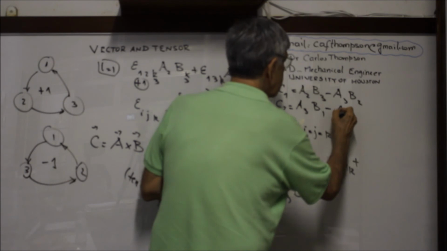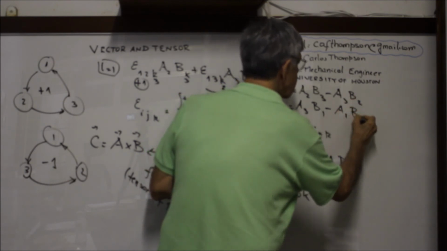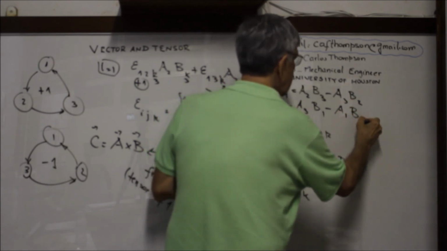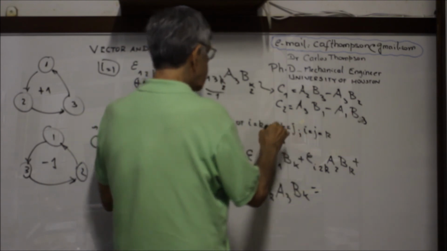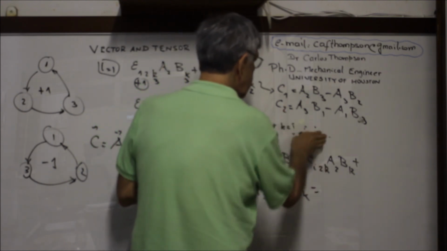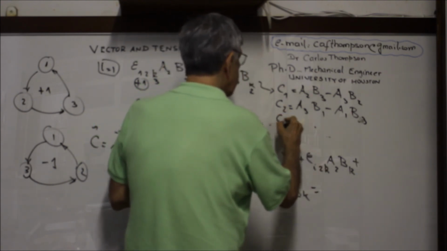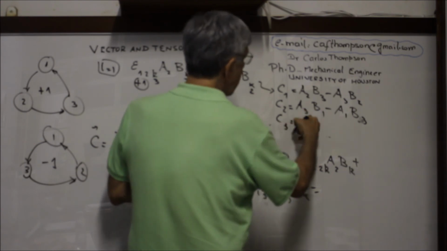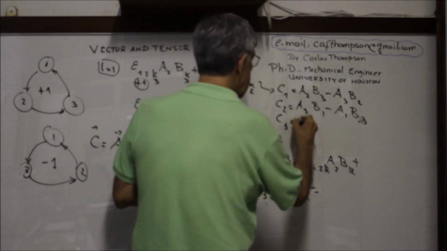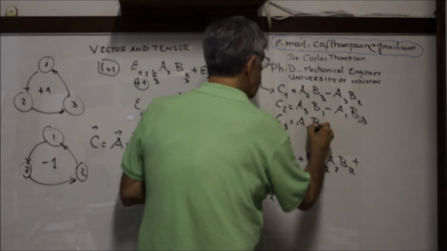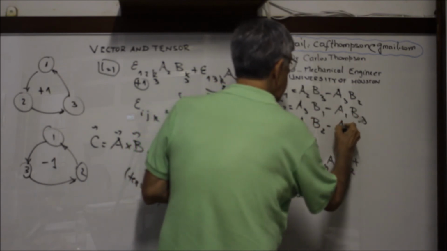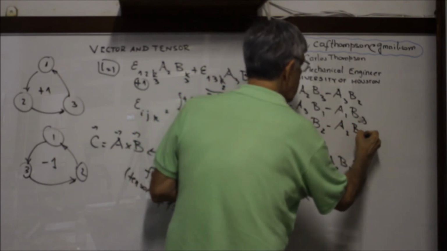Like C3, after 3 comes 1, this is 2, minus A2 B1.